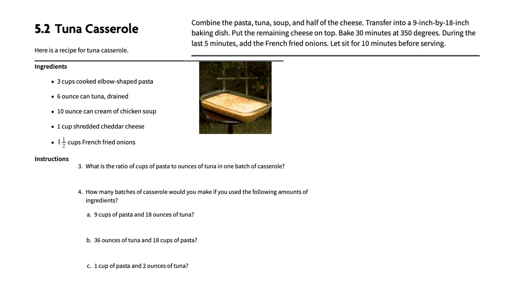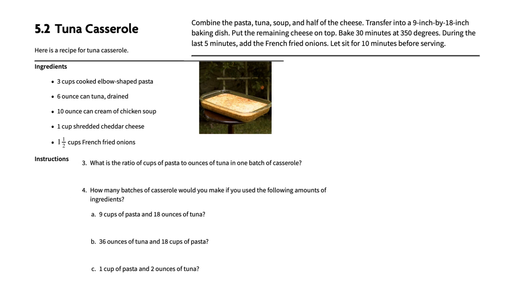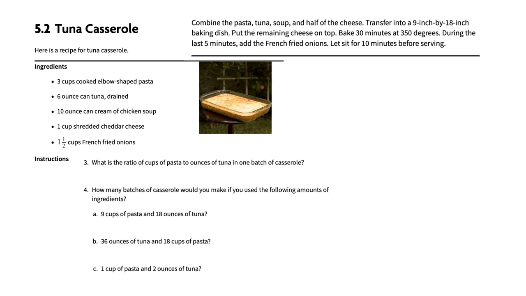And what is the ratio of cups of pasta to ounces of tuna in one batch? Okay, so we need to look for that. So the cups of pasta to ounces of tuna. So let's see, cups of pasta. Where's cups of pasta? Oh, there's cups of pasta.